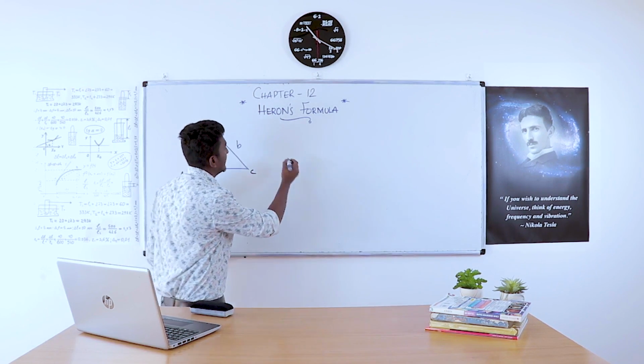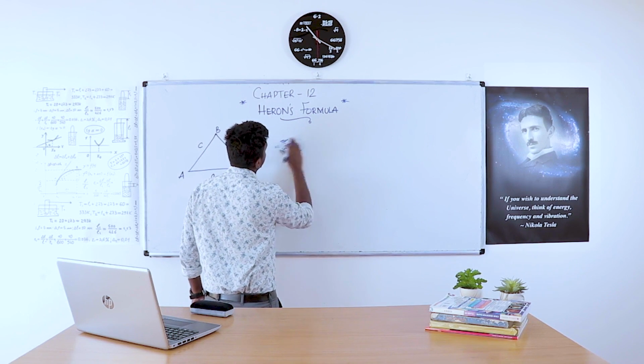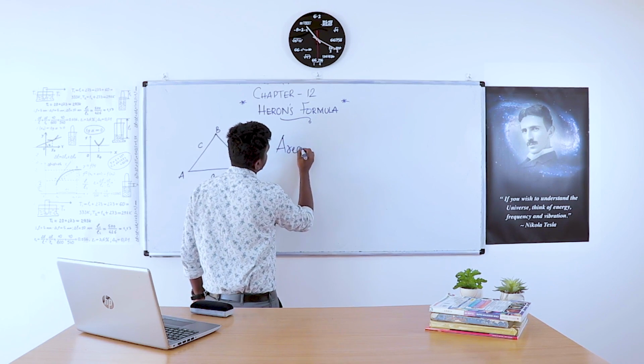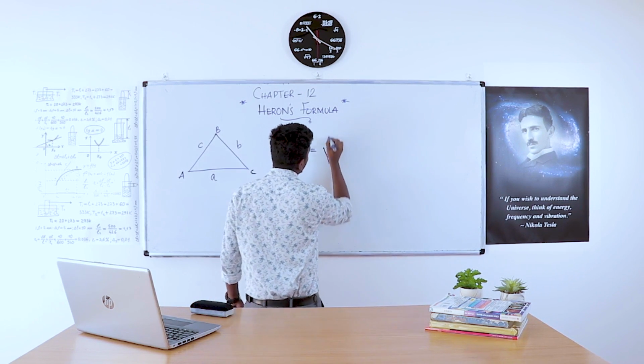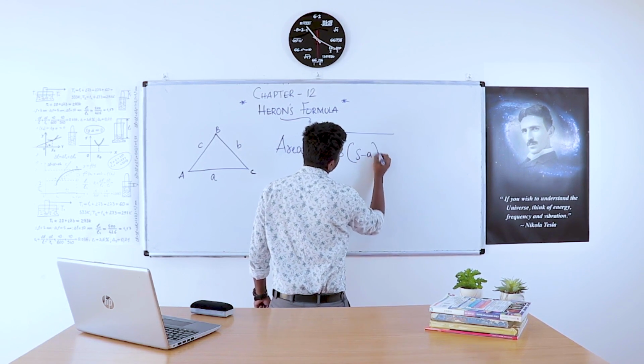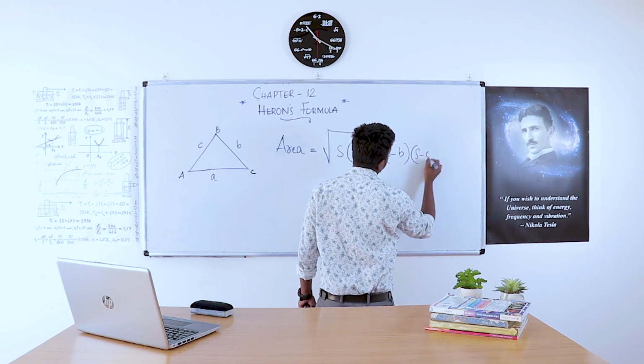And the formula is that area is equal to root of s into s minus a into s minus b into s minus c.